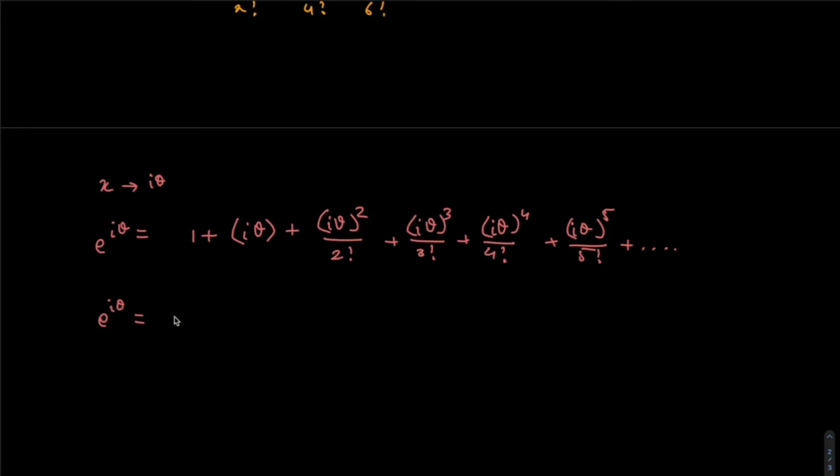What you're going to get is some numbers with the iota, some numbers without the iota. Obviously the numbers without the iota are real numbers, numbers with the iota are the imaginary numbers. So we combine the like terms, we add up all the real terms and we add up all the imaginary terms.